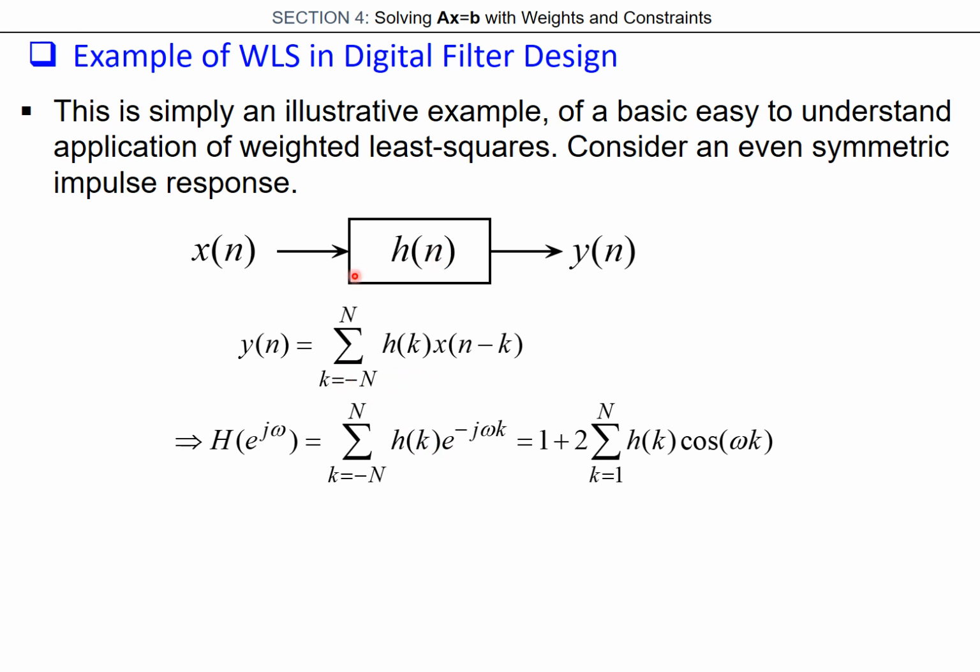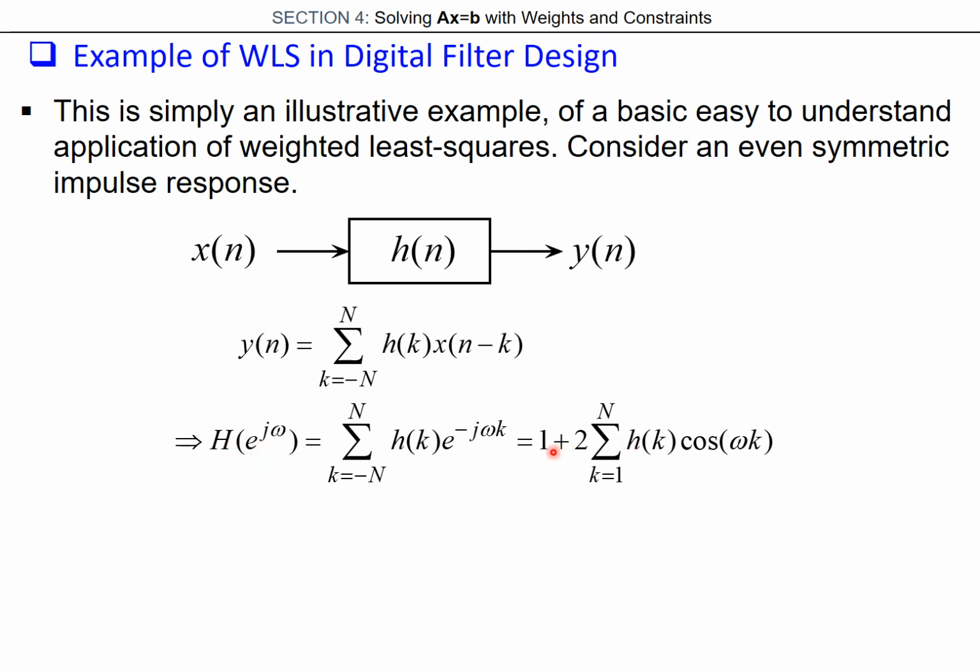And the impulse response is convolved with the discrete time input to give you the output y of n. The transfer function or frequency response is given in this particular case for an even symmetric impulse response by this. Normally this is complex, but in this particular case when it's even symmetric, we're going to have just a real transfer function.